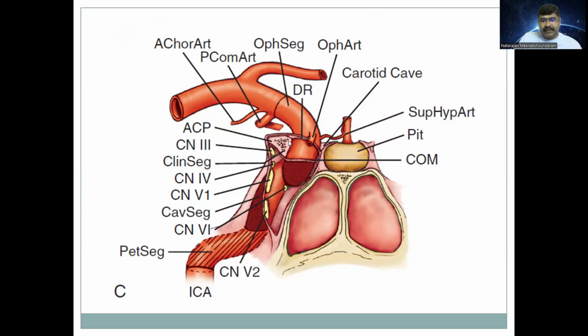We can clearly see this is the anterior clinoid process. This is the dural reflection above and below the ACP, called the distal dural ring and the proximal dural ring. And here, based on the dural reflection, you have a space called the carotid cave, which is also one of the potential sites for the formation of an aneurysm. These are called cave aneurysms.